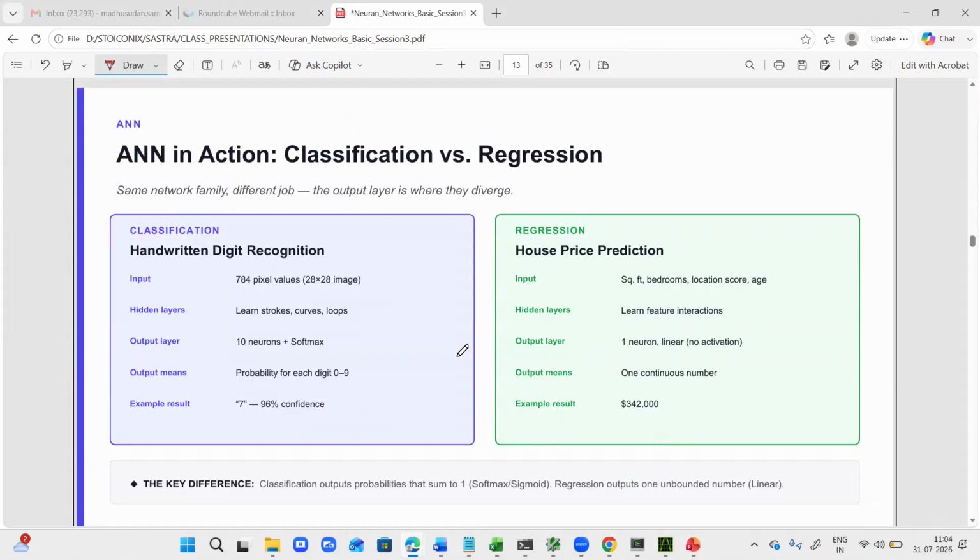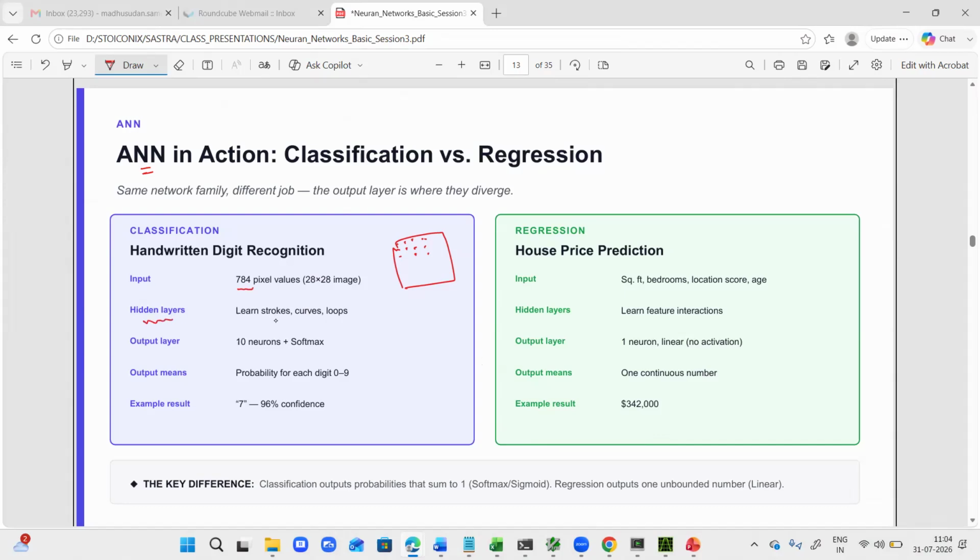Let's take this example of classification and regression, where ANN can be seen in action. One is handwritten digit recognition. The input could be given in terms of a certain number of pixels, say a 28 cross 28 image, and ANN can learn the strokes, curves, loops, etc. For that you have to have hidden layers.